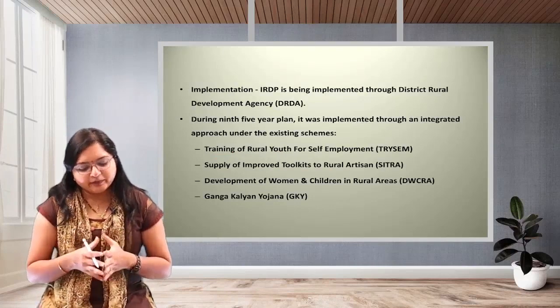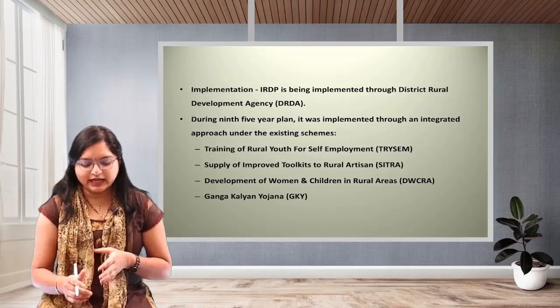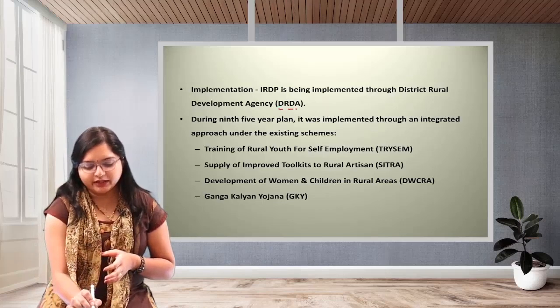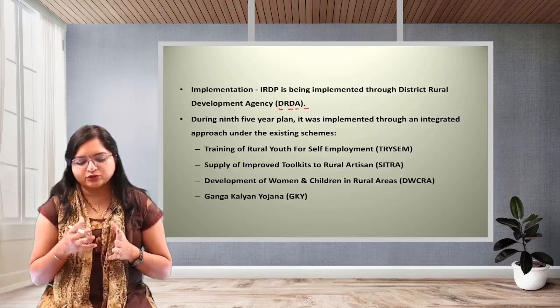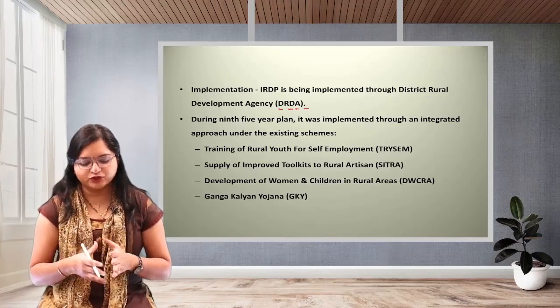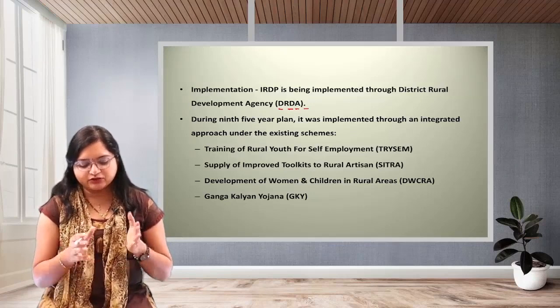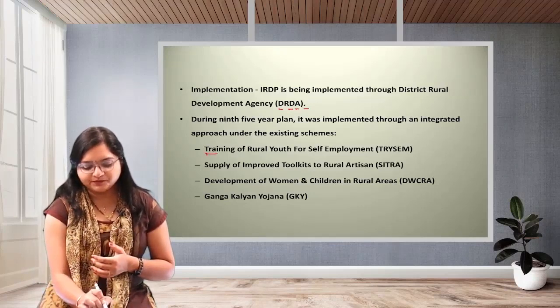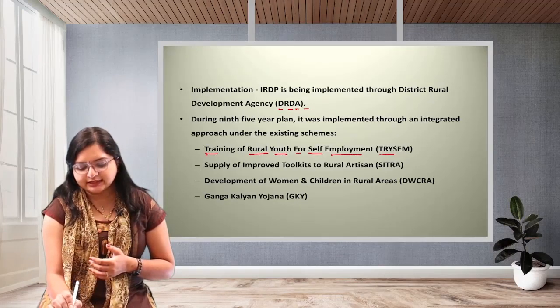Implementation. IRDP is being implemented through the District Rural Development Agency, that is DRDA. During the 9th 5-year plan, it was implemented through an integrated approach under the existing schemes. So these are the schemes: Training of Rural Youth for Self-Employment, that is TRYSEM.